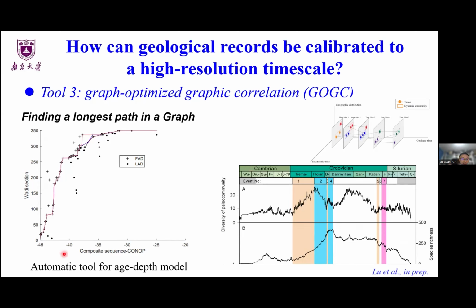In general, you can see this horizontal axis is a composite sequence generated by a CONOP calculation, and we can take it as a standard. We can calibrate, for example, an IODP core with fossil occurrences and correlate it with the CONOP-generated composite sequence using this graphic correlation method.